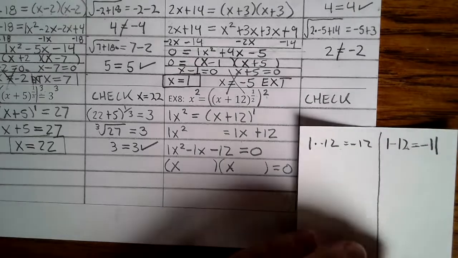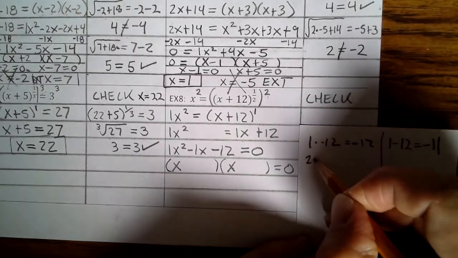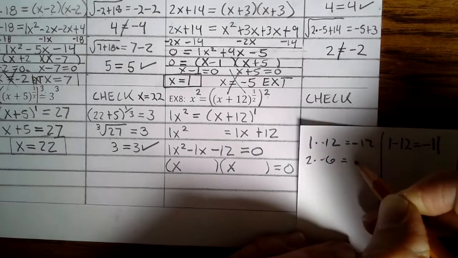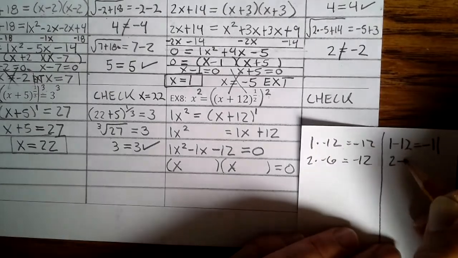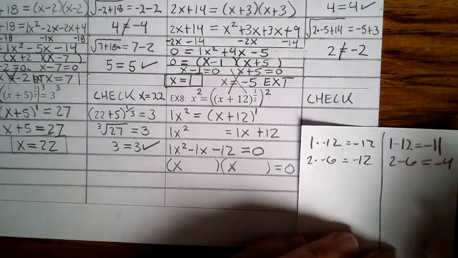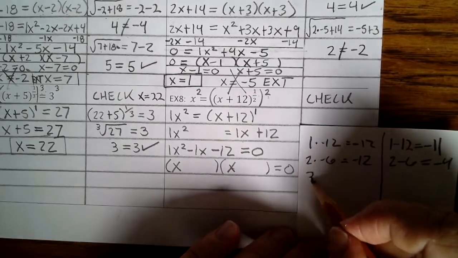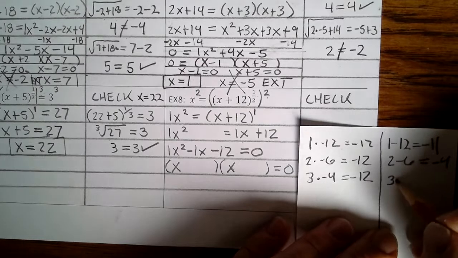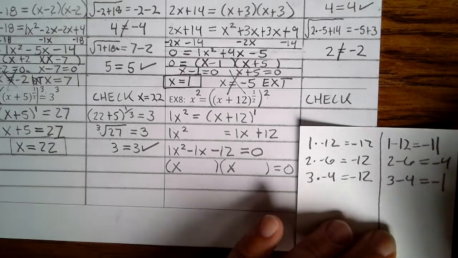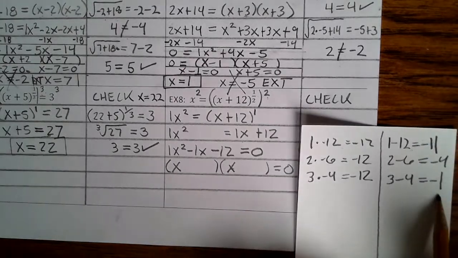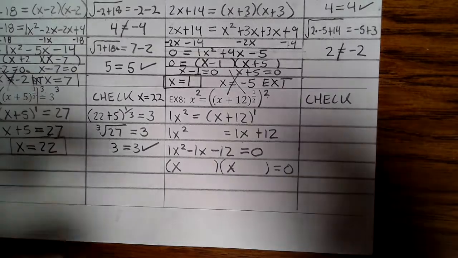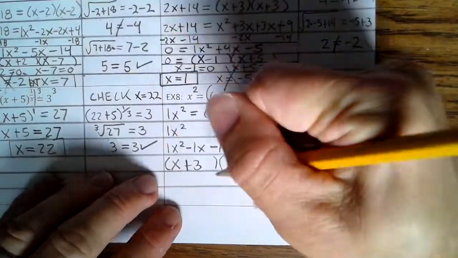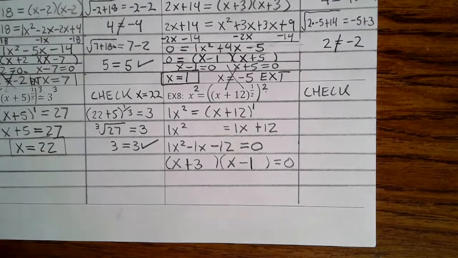That doesn't work. Okay, 2 times negative 6 equals negative 12. 2 minus 6 is negative 4. That doesn't work. 3 times negative 4 is negative 12. 3 minus 4 is negative 1. That combination works. Okay, so we have x plus 3, x minus 1.